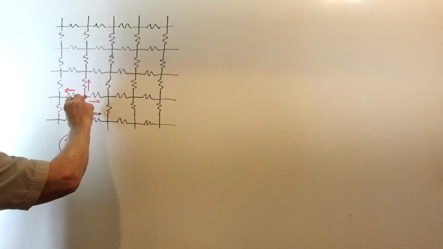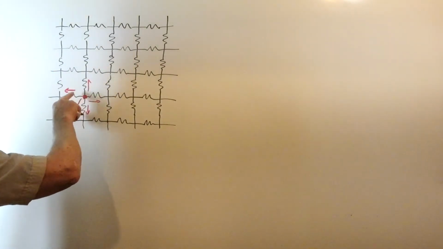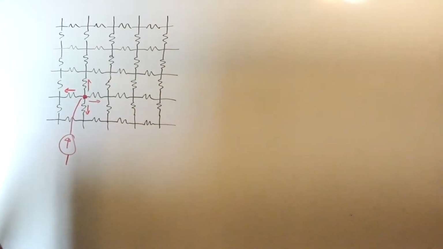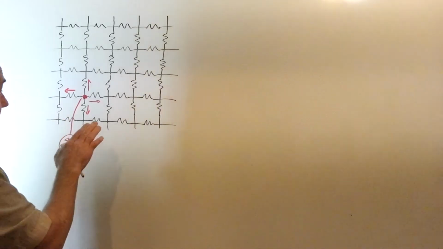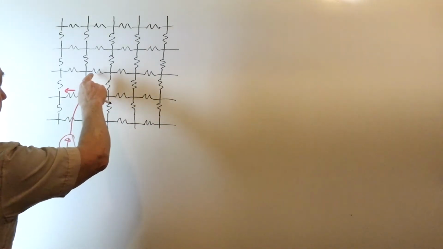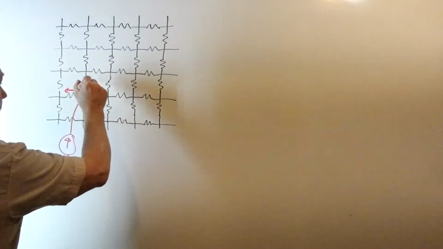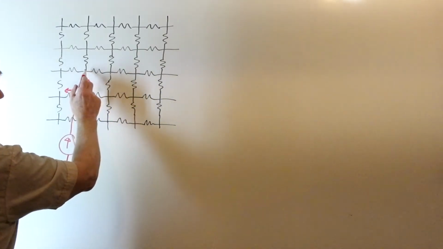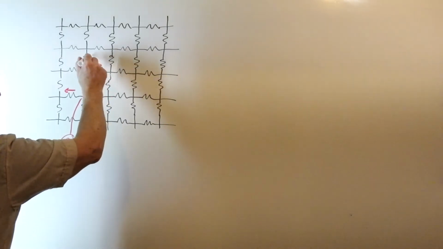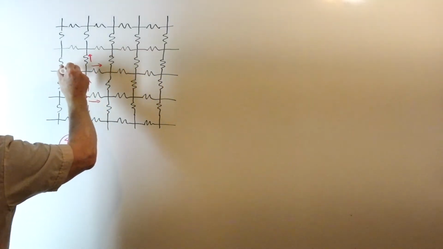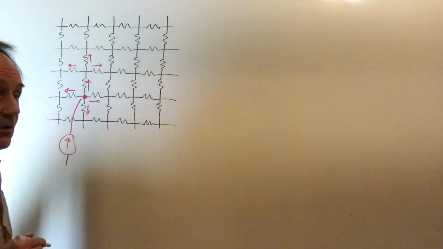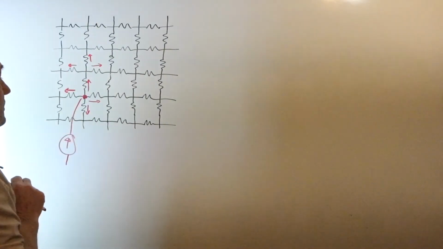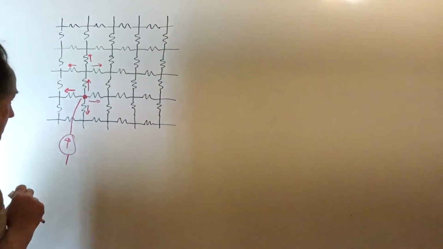It's going to divide by 4 and go through each of these particular branches. Now, if we try on the next node to invoke the symmetry argument and say that this current coming into this node is going to split equally in 3 different directions, it looks like that might be a reasonable assumption to make. If we try doing that, we're going to run into trouble.